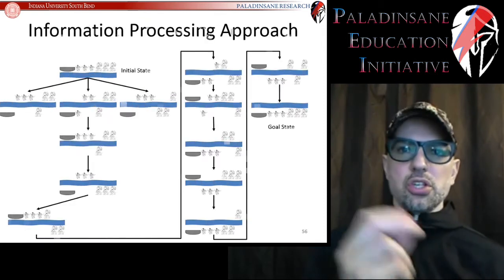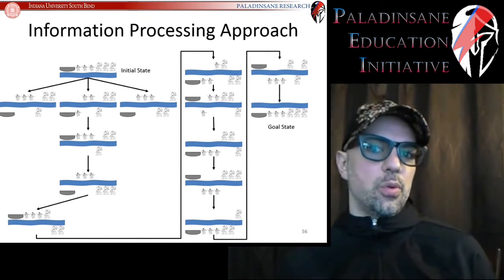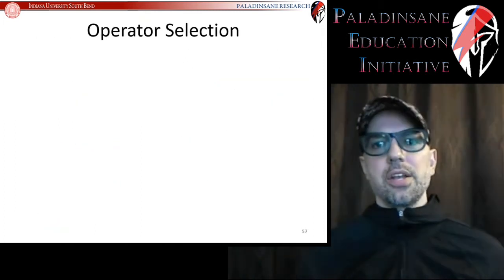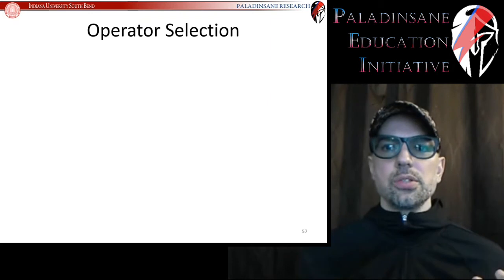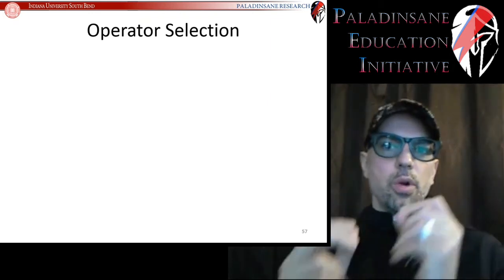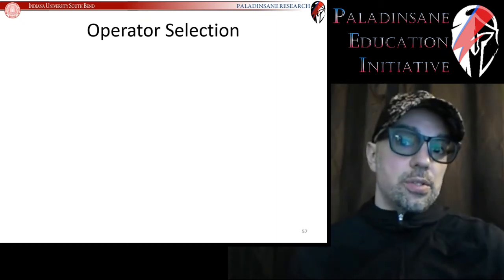So when we have to choose these operators and when we have to determine which operators we can use, how do we do that? Well, there are a number of different techniques that psychologists have identified that we use when we're trying to solve problems, when we're trying to choose which operator should we use and which operator should we avoid using.